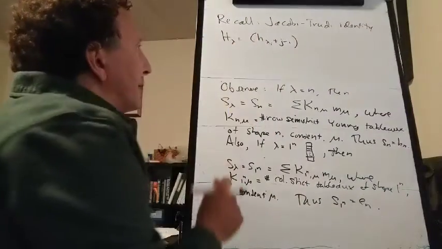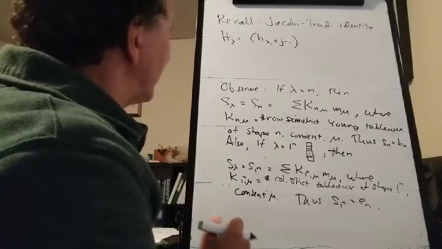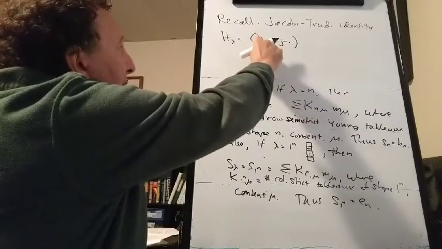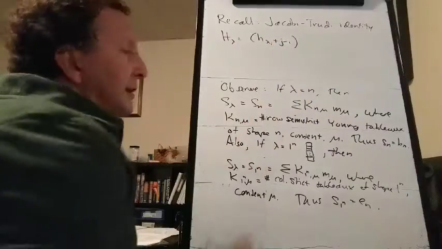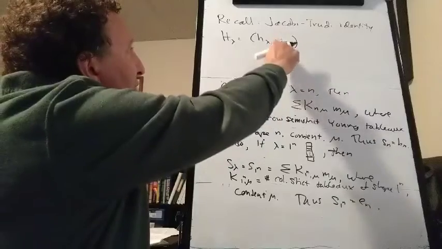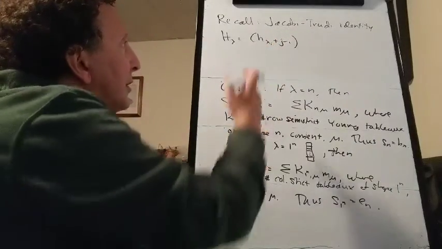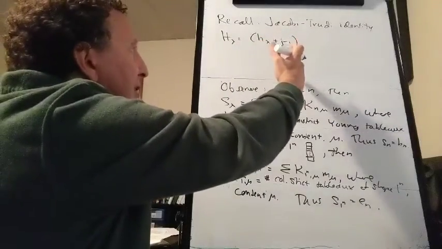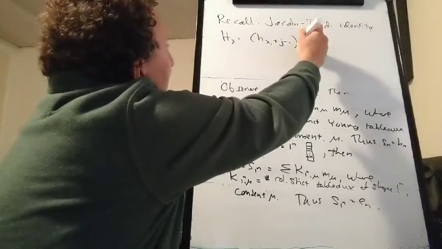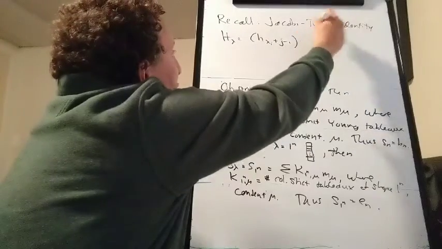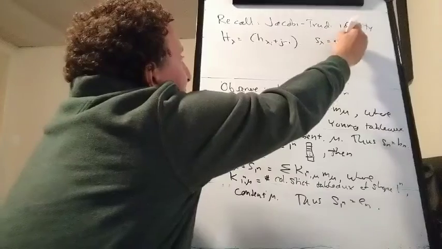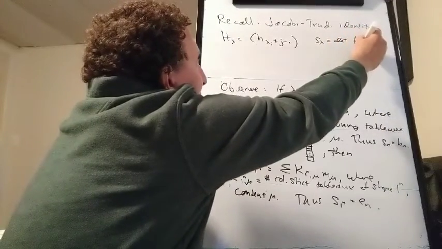So this is a formula for the ij entry of that matrix. When i equals j, this is 0, and we've just got h lambda 1, h lambda 2, h lambda 3, etc. on the diagonal. And then just above the diagonal, j minus i is plus 1. We increase the index by 1. Just above that, we increase the index by 2, etc. So the Jacobi-Trudi identity says that S lambda equals the determinant of this matrix, capital H lambda.